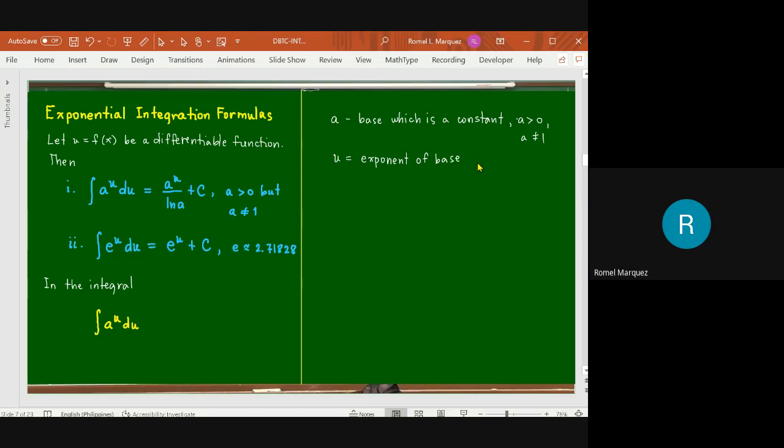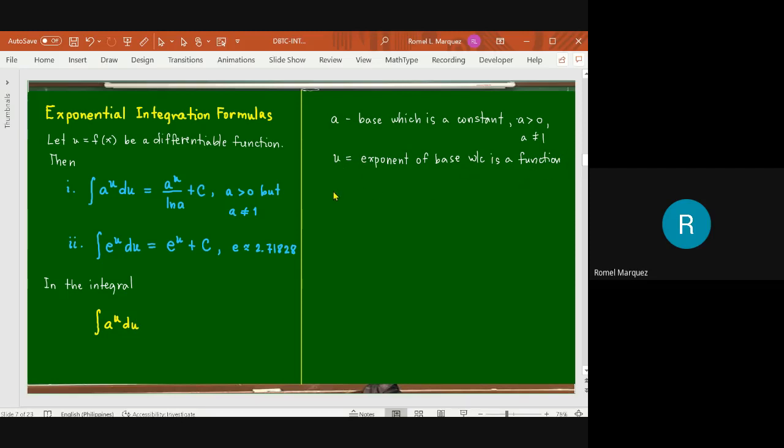And it is a function, other than a constant, no? So meaning u is really a function, no?